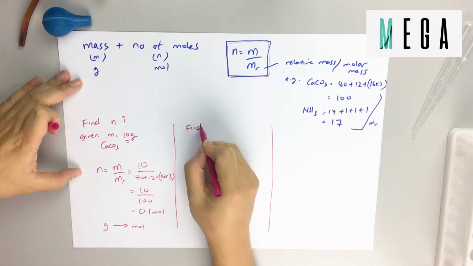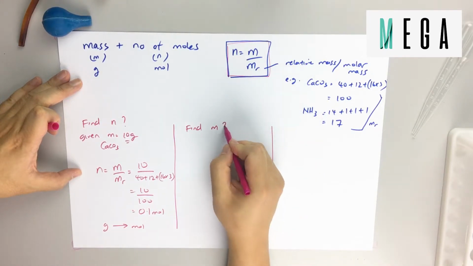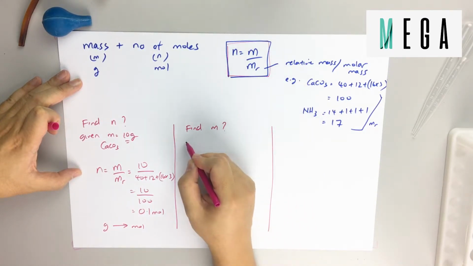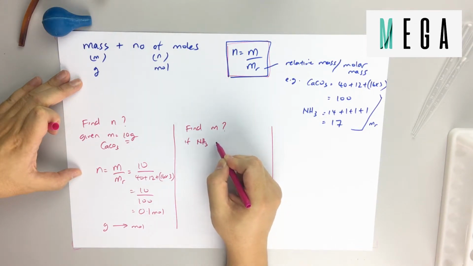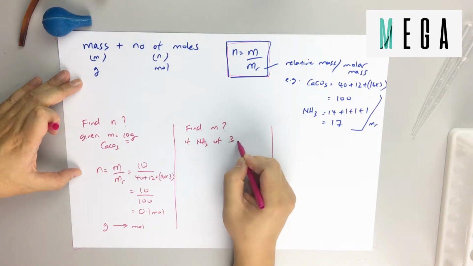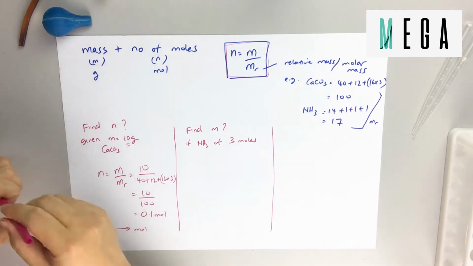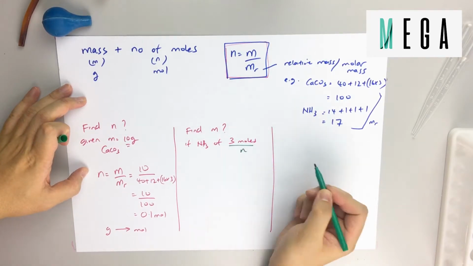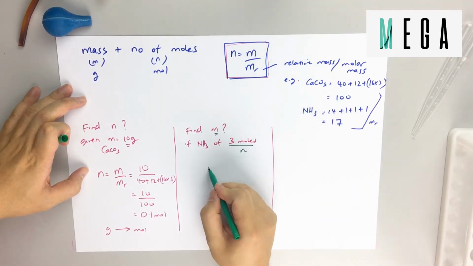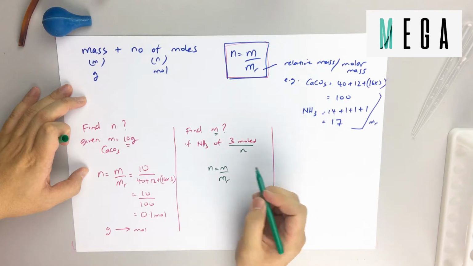Another example, find m, or mass, if NH3 ammonia of 3 moles is applied. So whenever mass and number of moles, use the formula n equals mass over molar mass.